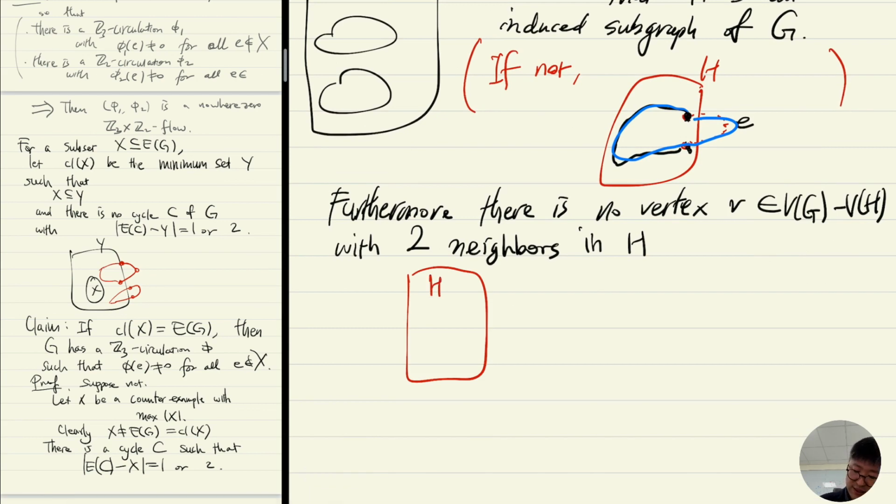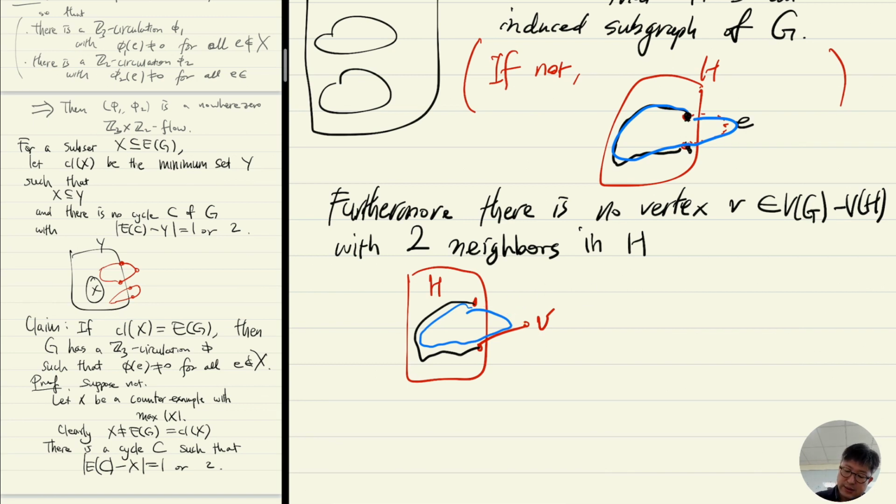If I have a vertex with two neighbors, what can you say? Well, still the same, right? H is connected, so I have a path connecting these two inside H. Now we find a cycle having only two edges outside of H. And those two edges should be contained in the closure of C, right?